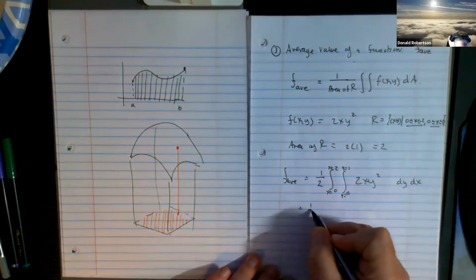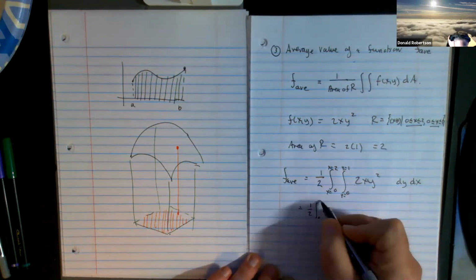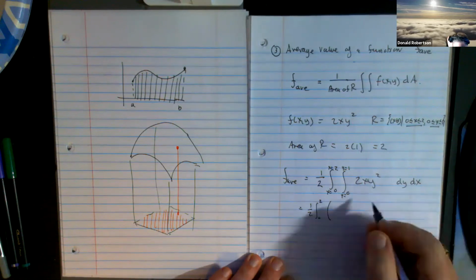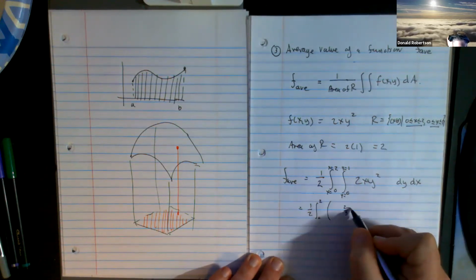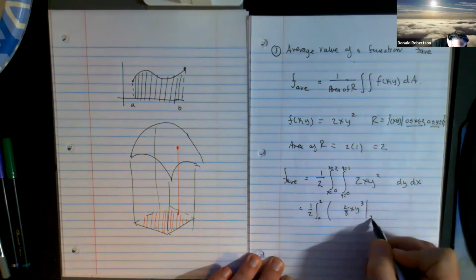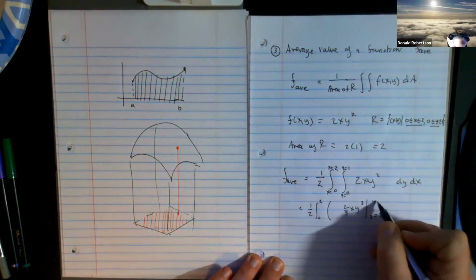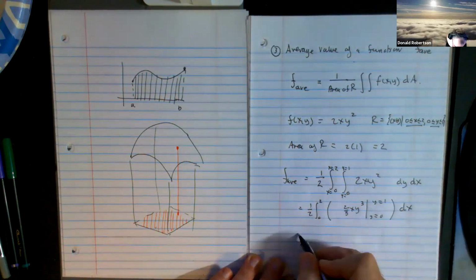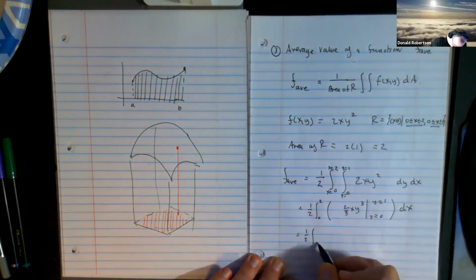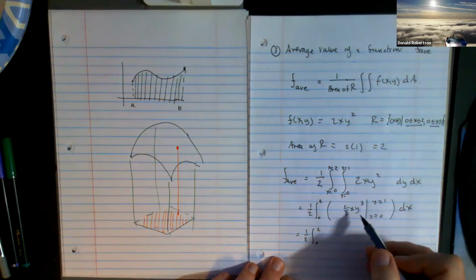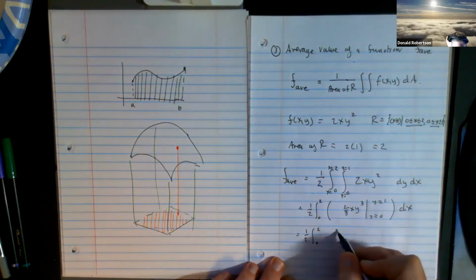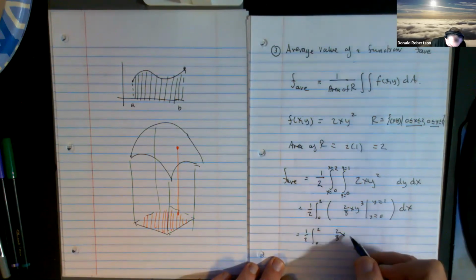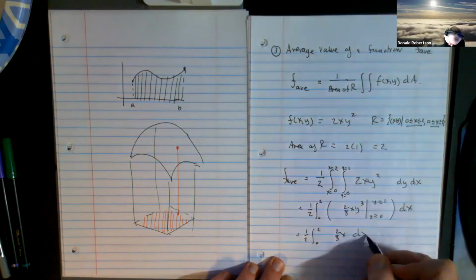So it's going to be 1/2 the integral from 0 to 2. If you integrate this with respect to y, you get 2/3 x y cubed. If you plug in 1, you get 2/3 x. And if you plug in 0, you get nothing. So it's 2/3 x take away 0, so I'll just leave it as 2/3 x.